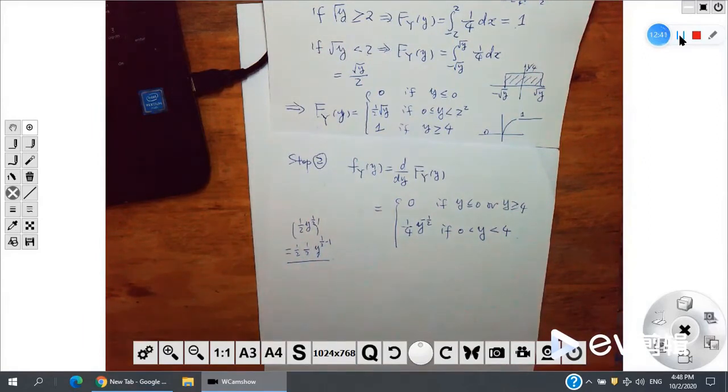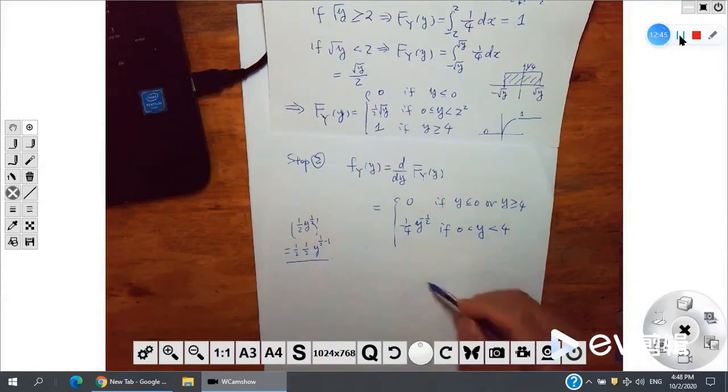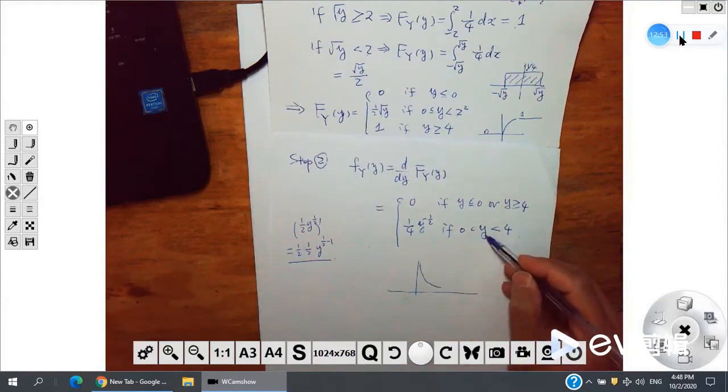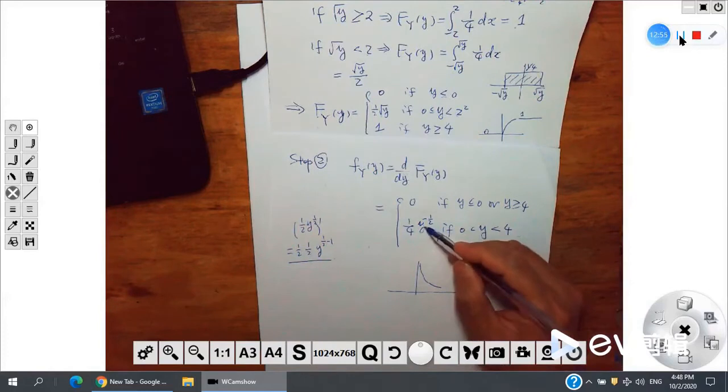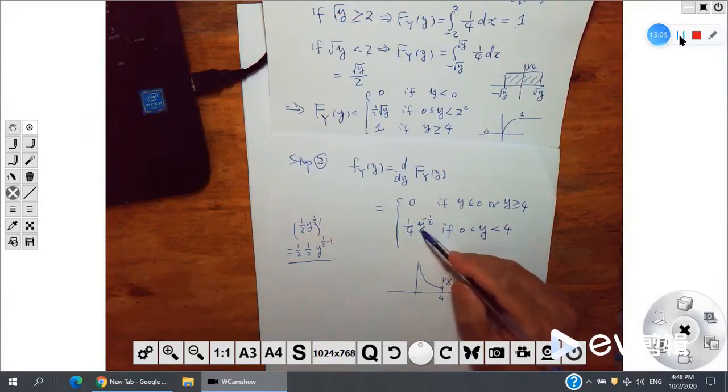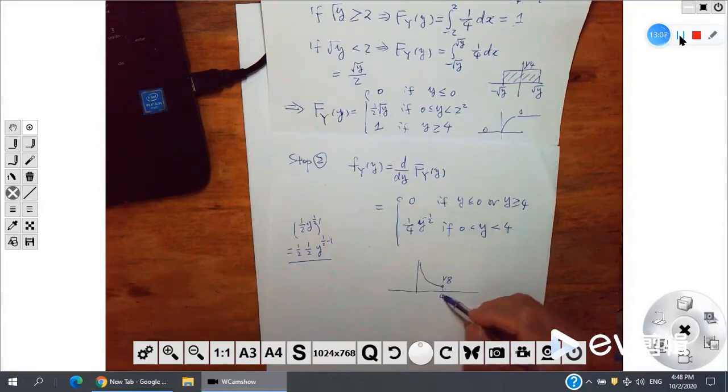Oh, I have an infinite density. This density, when y goes to 0, looks like this. When y is 4, the square root of 4 is 2, and 1/2 times 1/4, this is 1/8 when y is 4.